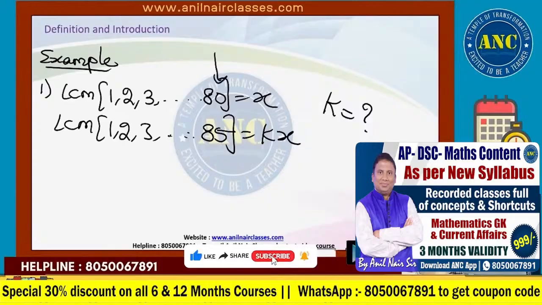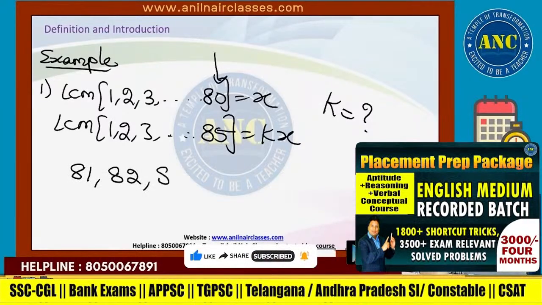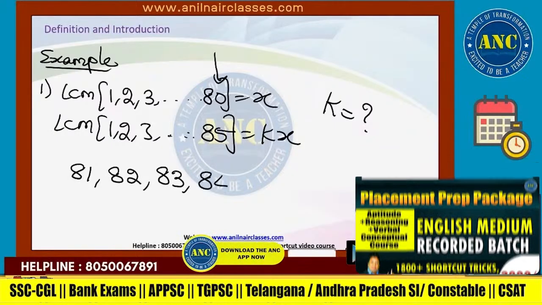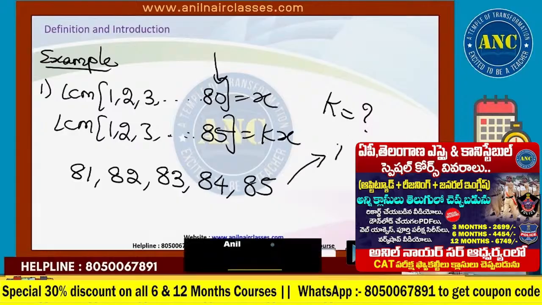Till 80 it is present. Extra numbers are 81, 82, 83, 84, 85.